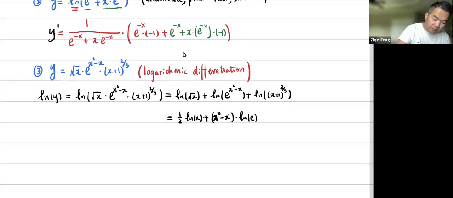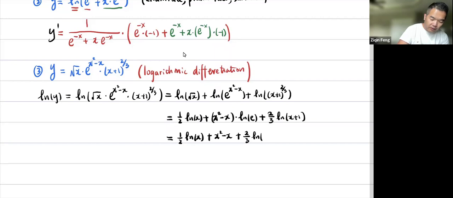Plus 2 over 3 natural log of x plus 1. Simplify one more step. We can get rid of that extra constant: plus x squared minus x plus 2 over 3 natural log of x plus 1. This is natural log of y.